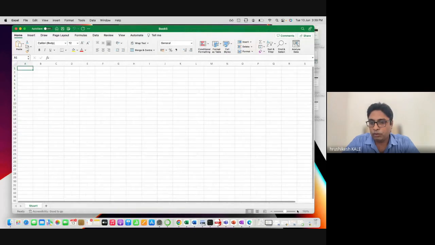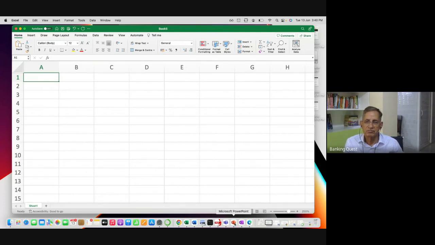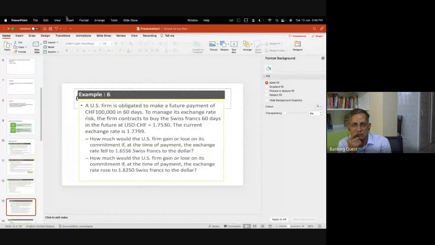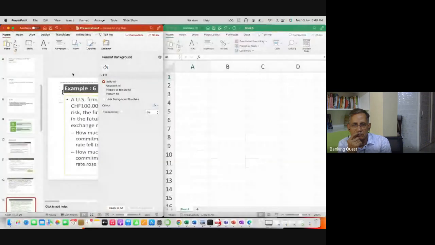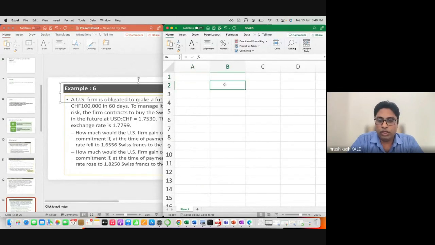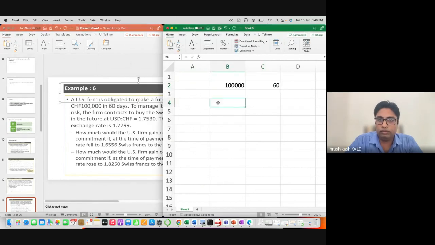I hope you can see my Excel sheet. So we are talking about 100,000 Swiss franc, 60 days from now, wherein the future rate is 1.7530, that is USD to CHF.